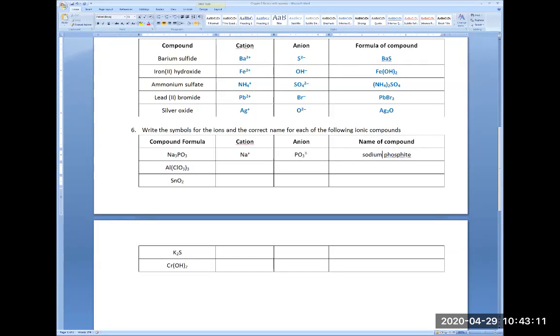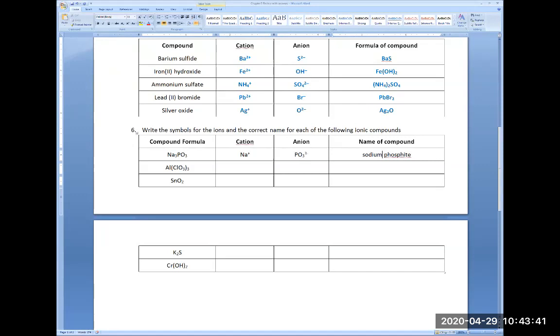We know it's always Na+. Na plus phosphate. And so here the formula is confirmed. We understand now why we have 3 sodium for 1 phosphate. It's because 1 phosphate carries 3 negative charges, and so you need 3 positive charges from 3 Na plus to cancel that and make a neutral formula.